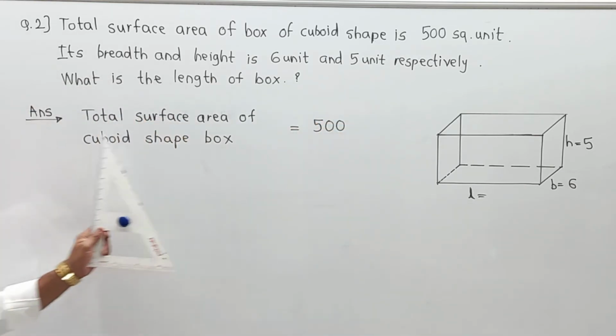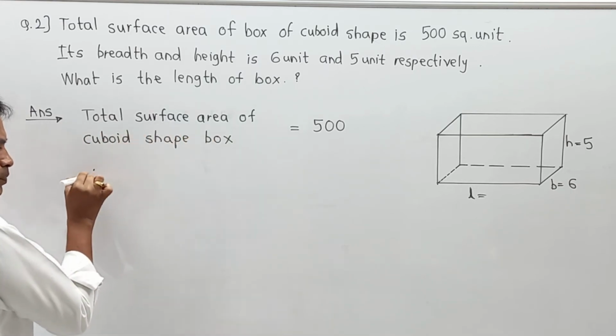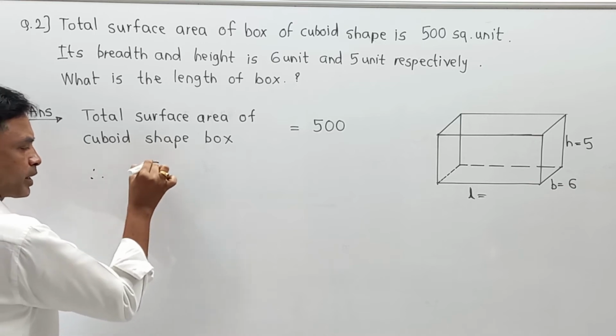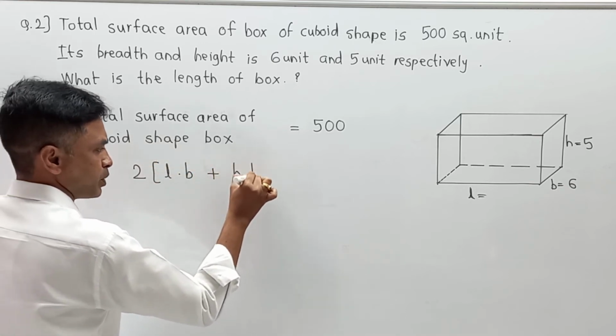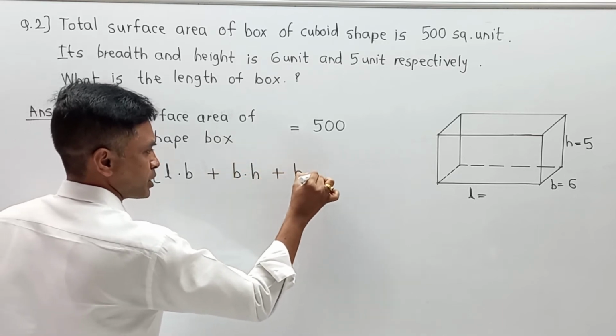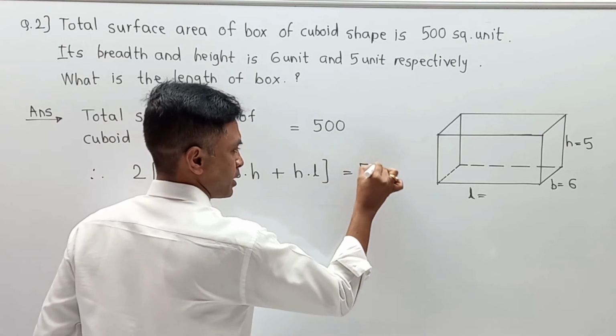Now we know one standard formula: total surface area of cuboid is 2 into bracket L into B plus B into H plus H into L, and they have given this value as 500.